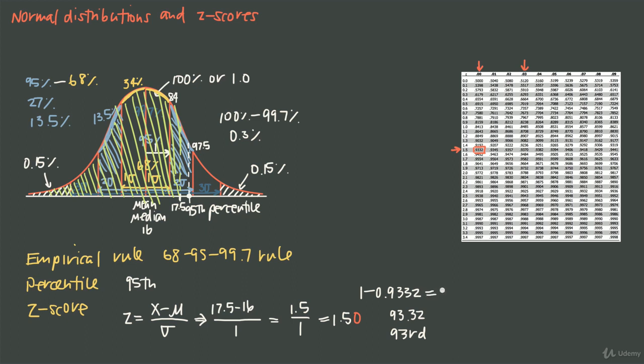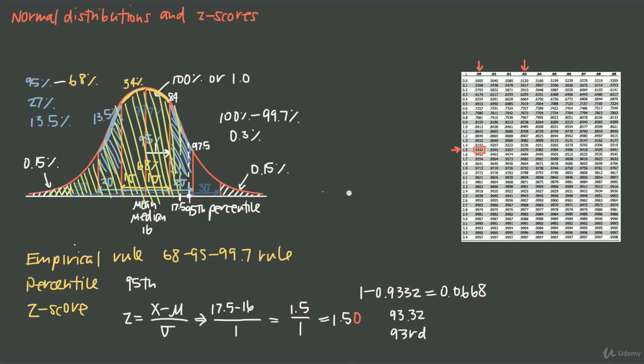I would just get here 0.0668, and that tells me that only 6.68% of the area is to the right here, or above 1.5 standard deviations above the mean. So I hope you're starting to see how this z-table standardizes the area under a normal distribution.